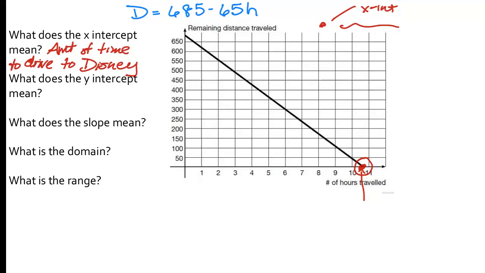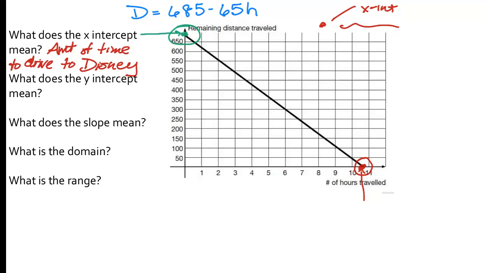Where am I going to find the y-intercept? On the 685. Okay. On the y-axis, right here, yes. And this is where the x amount is going to be 0. You said 685? How do you know that's 685?